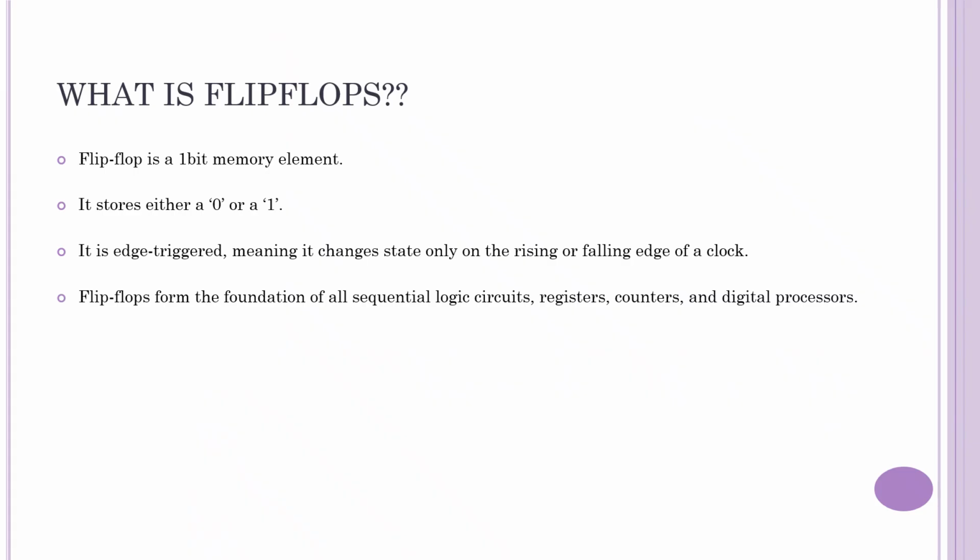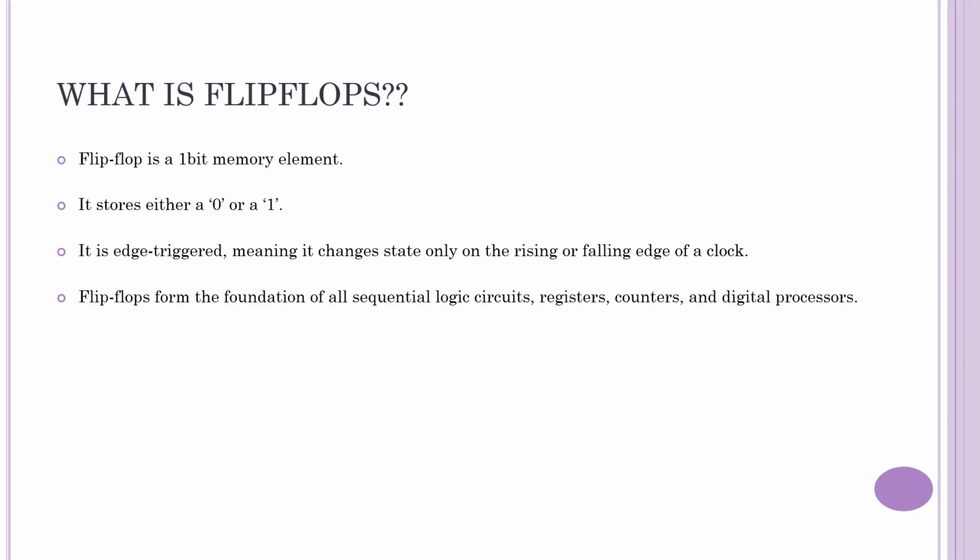Now, let's understand what a flip-flop actually is. A flip-flop is a sequential logic circuit that can store exactly one bit of data, either 0 or 1. Unlike combinational circuits, flip-flops depend on present inputs, previous output, and most importantly, a clock signal.